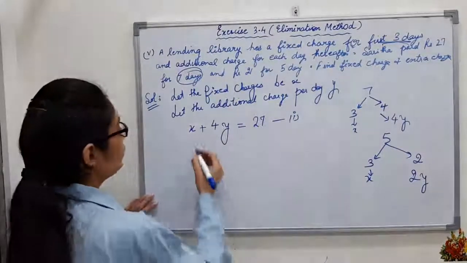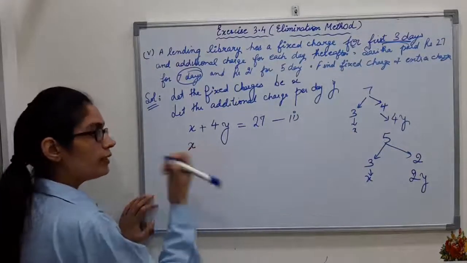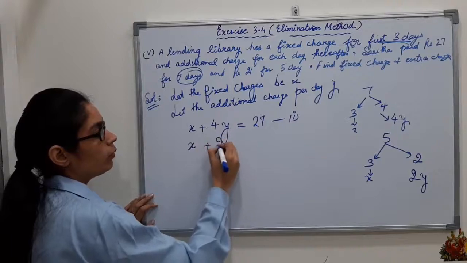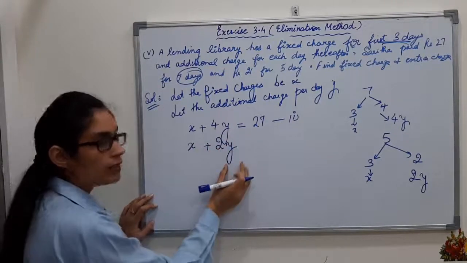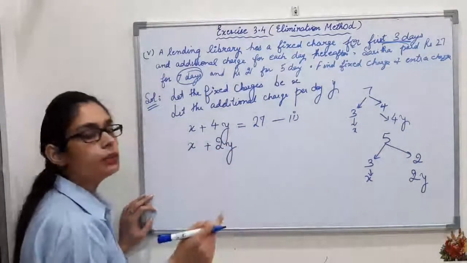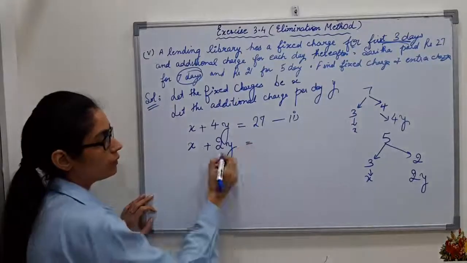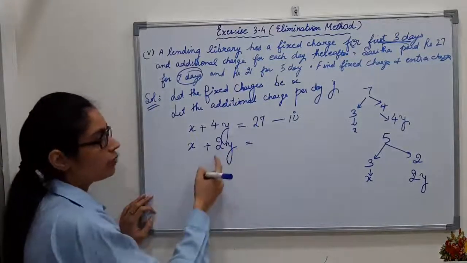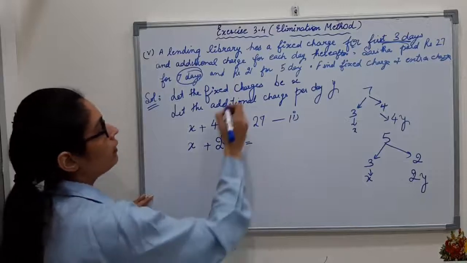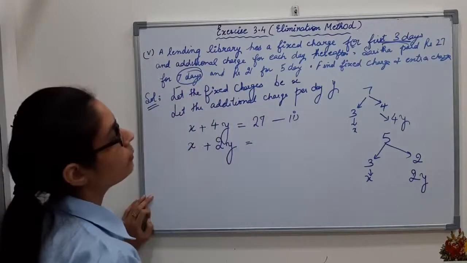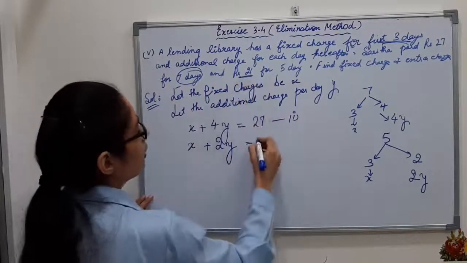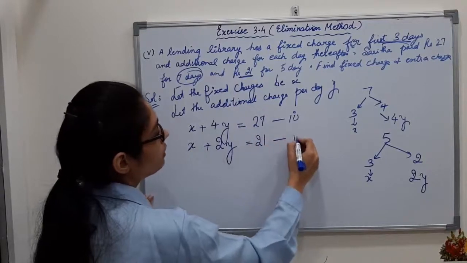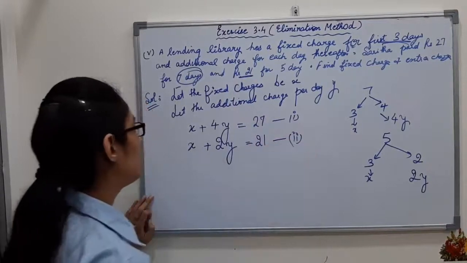So she will pay x fixed plus 2y. y is your additional charge per day. So she has paid for extra 2 days. That's why we have taken 2y, and she has paid rupees 21. So this is our second equation.